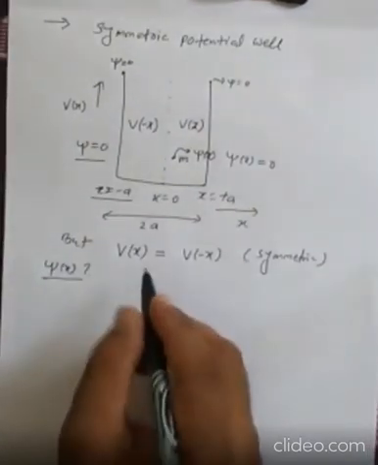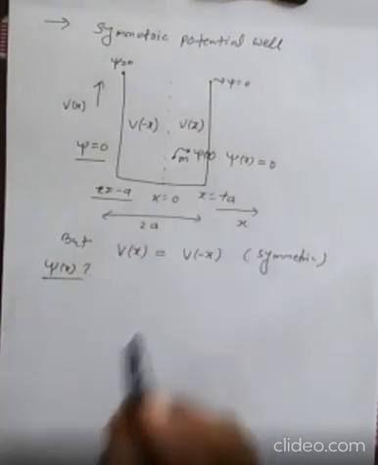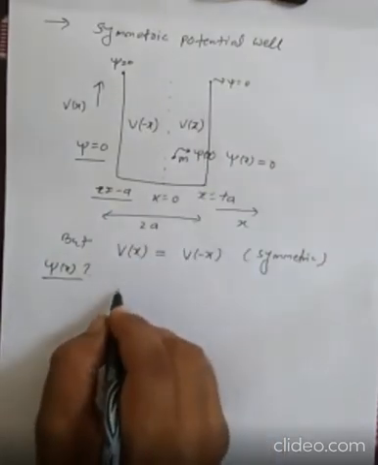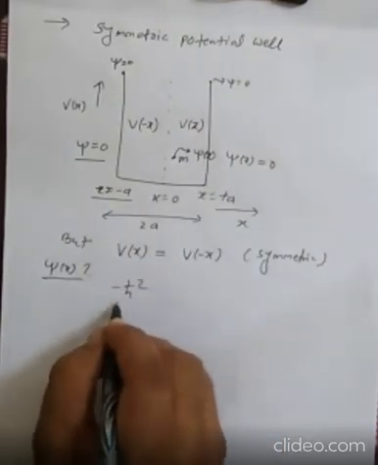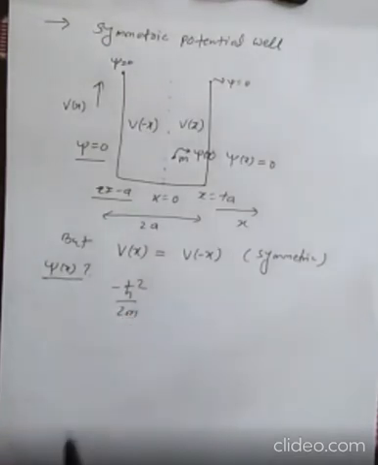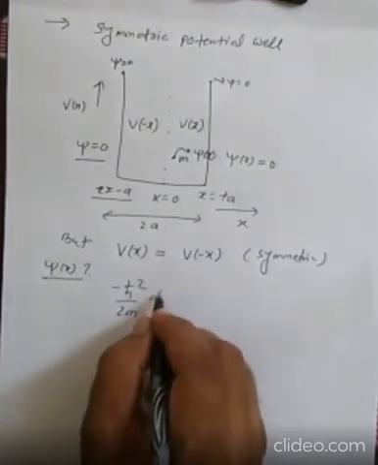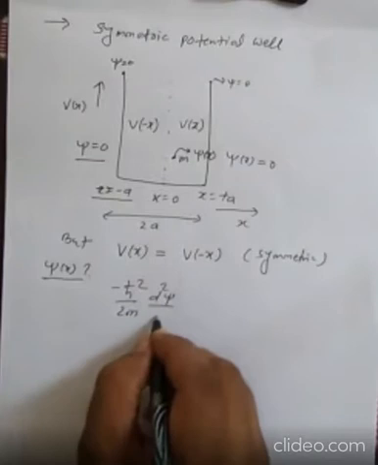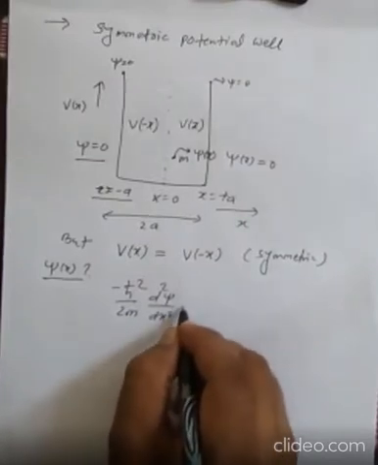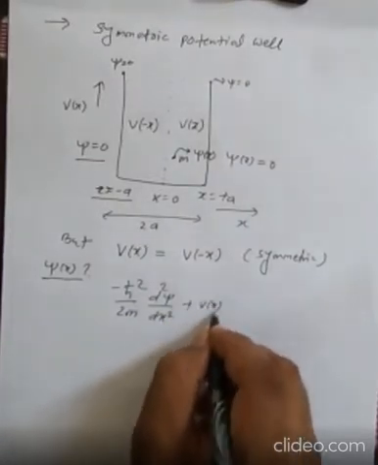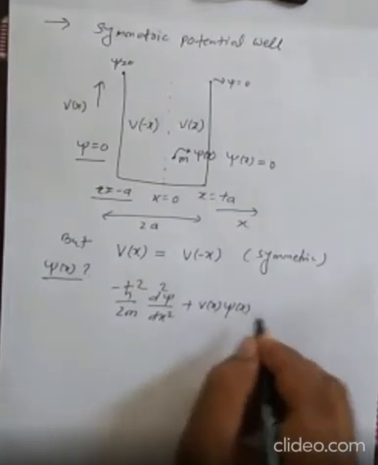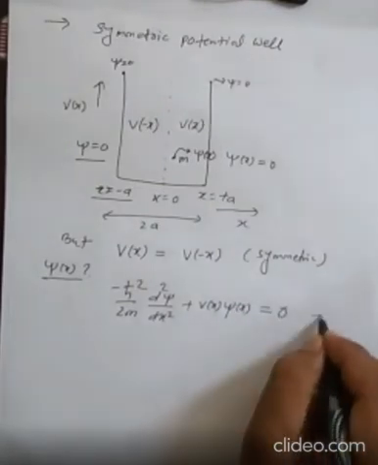The Schrodinger equation for this quantum particle is minus h cross square over 2m, d square psi by dx square, plus V(x) psi(x) equal E psi(x).